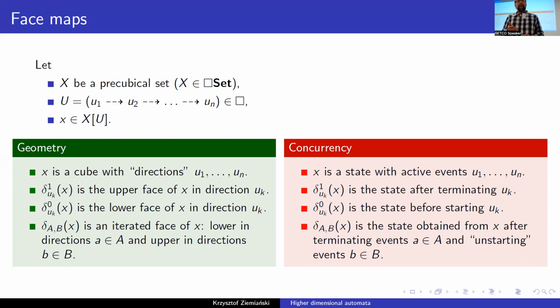The lower face is taken by taking delta 0 at the suitable coordinate. The upper face is given by delta 1 at the given element.